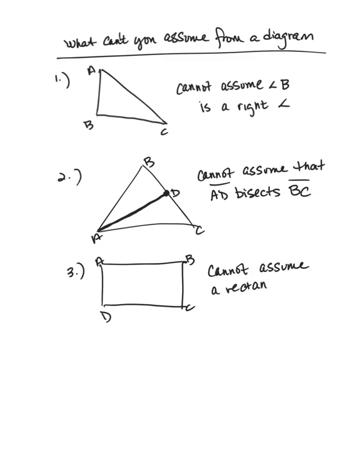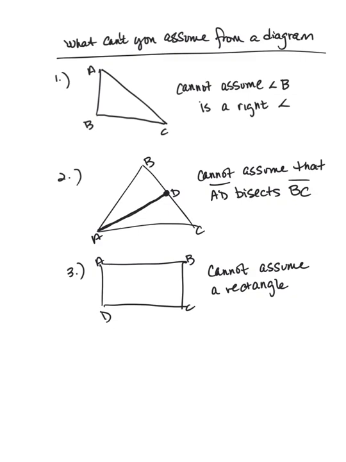You would have to be given more information. You can't assume a rectangle. I can't give you every single example that you can't assume, but you wouldn't be able to assume a rhombus, a square, all right? You wouldn't be able to assume an isosceles triangle.